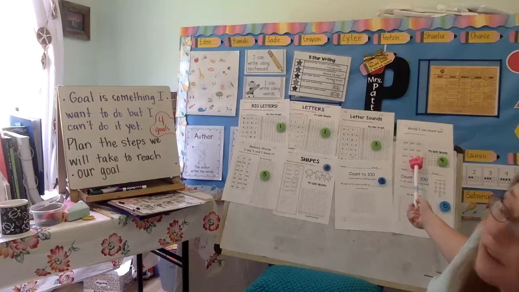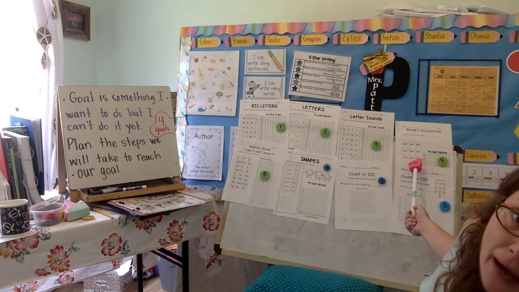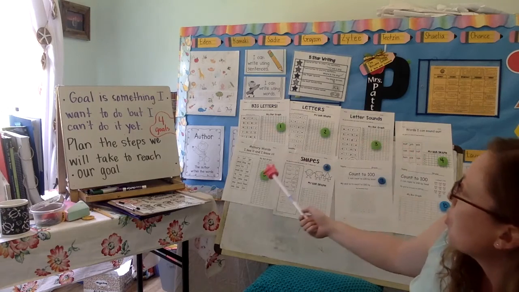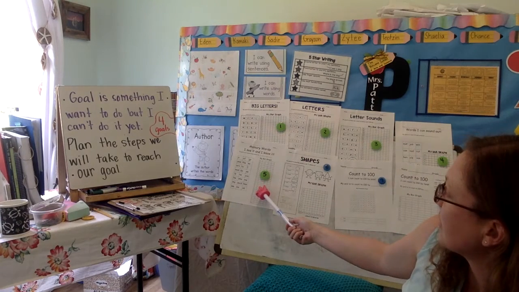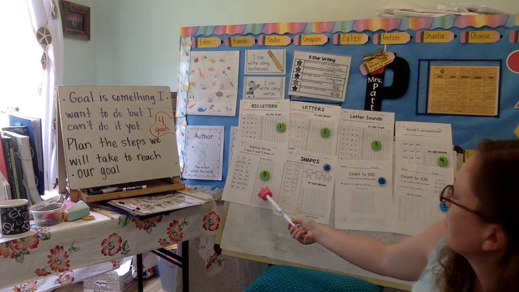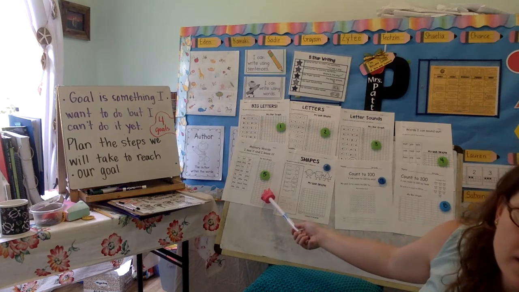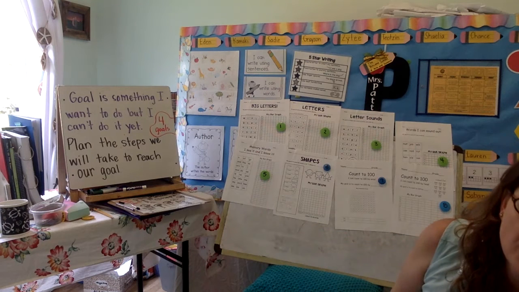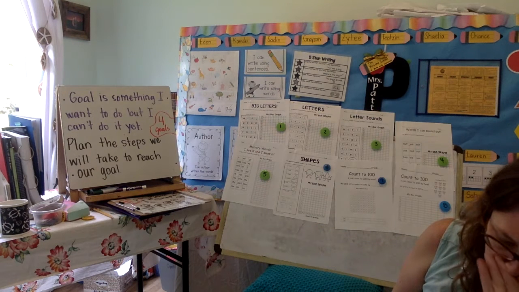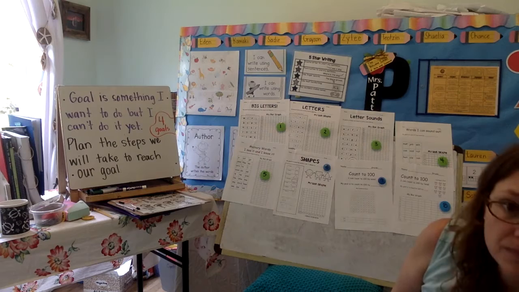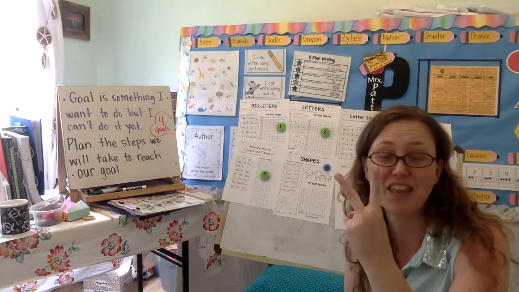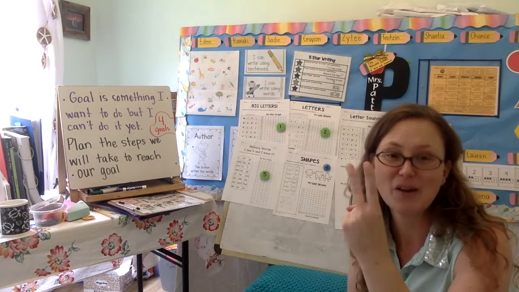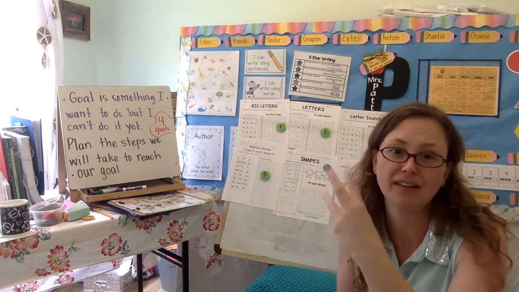Number 4, words I can sound out, or number 5, memory words. I see it and I know it. Which one is your choice? Number 4 or number 5? That's our second goal.